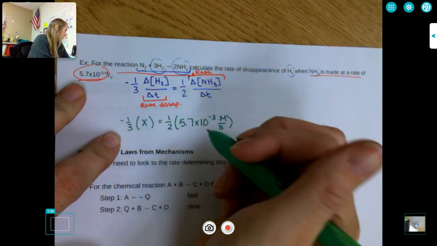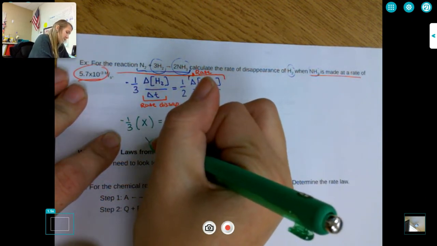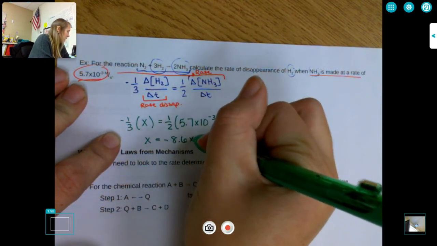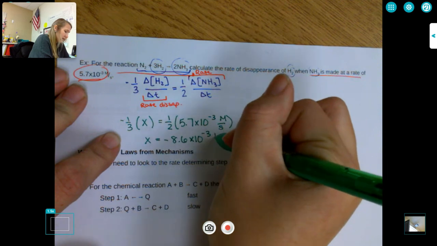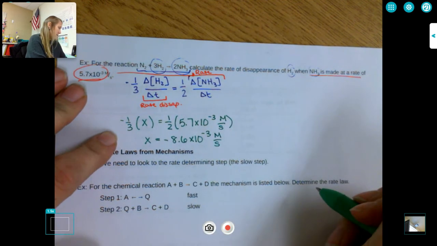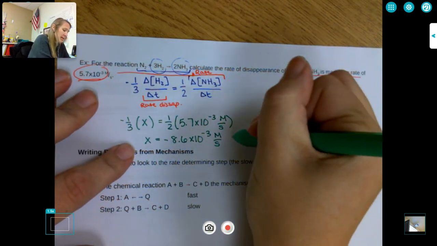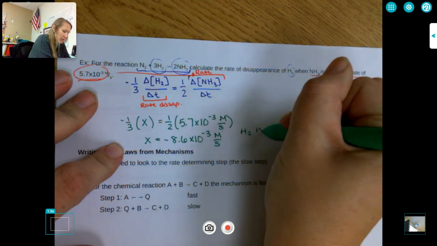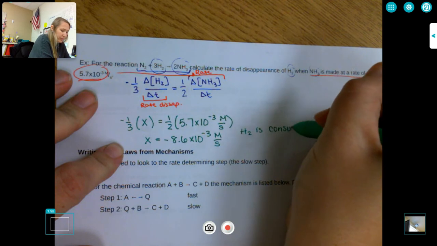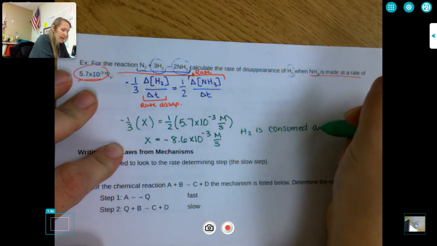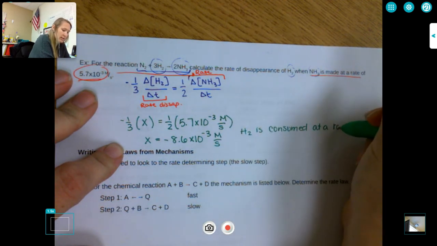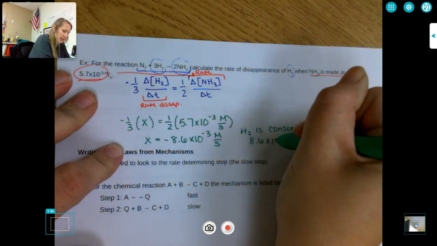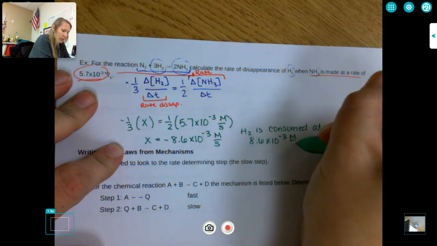When I do my calculations, I get X is equal to negative 8.6 times 10 to the negative 3 molarity per second. Or we can say that H2 is consumed at a rate of 8.6 times 10 to the negative 3 molarity per second.